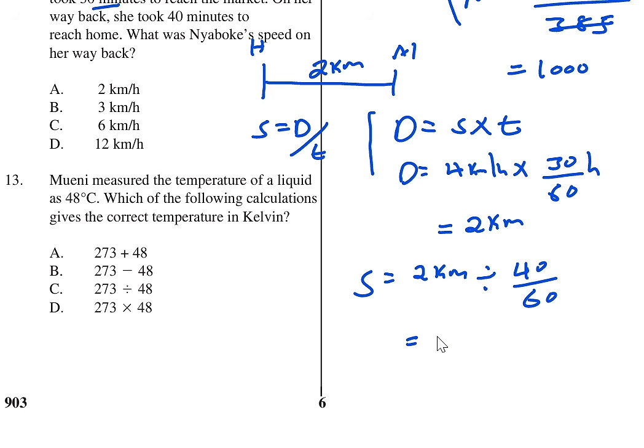So this will be 2 kilometers. Change the sign and flip this fraction, so times 60 over 40.